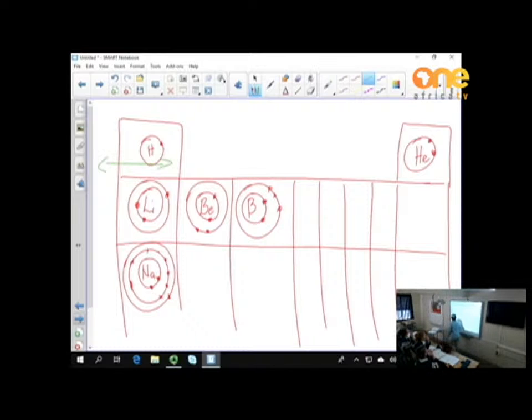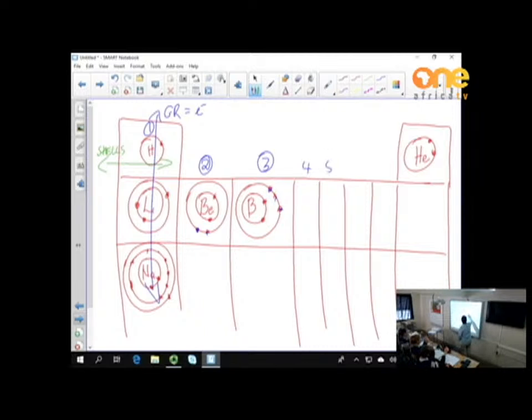The period number tells me how many shells there are. The group number tells me the number of electrons in the outer shell. All right? So all the group 1 elements will have 1 electron. Group 2 will have 2 electrons in the outer shell. Group 3 will have 3 electrons in the outer shell.